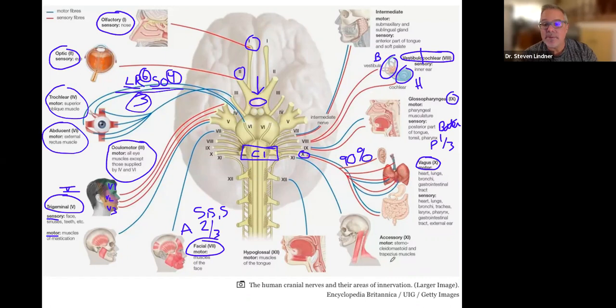So your parasympathetic is cranial nerve 3, 7, 9, and 10. These are the parasympathetic cranial nerves, cranial nerve 3, 7, 9, and 10. Remember, the parasympathetics are rest and digest, or feed and breed. The parasympathetic is called the craniosacral outflow.